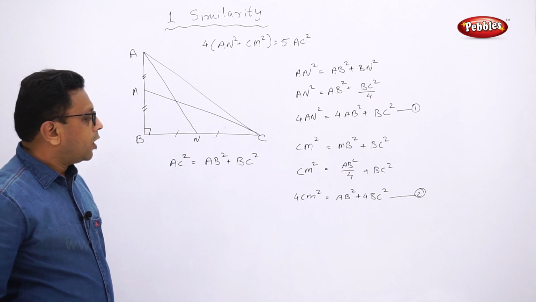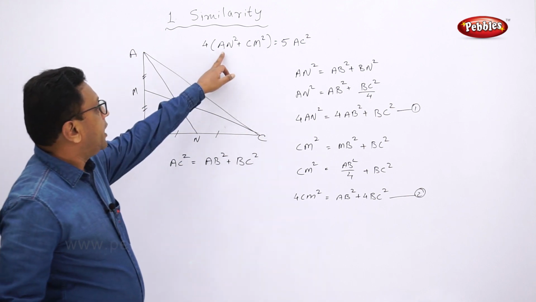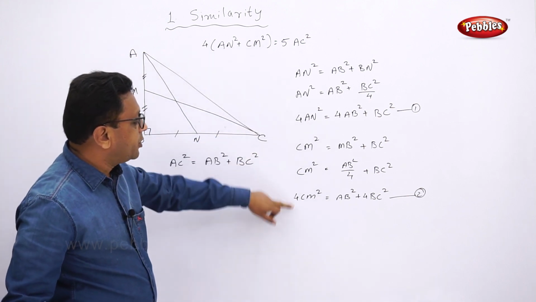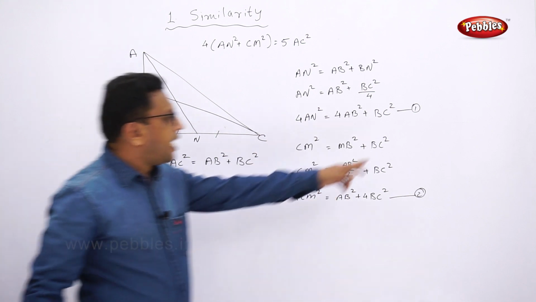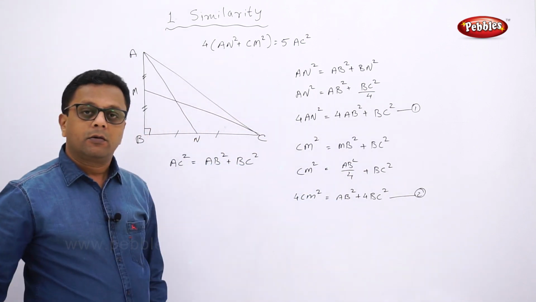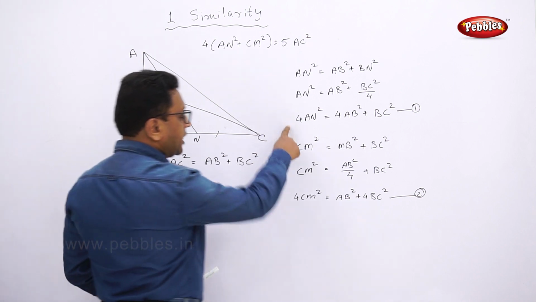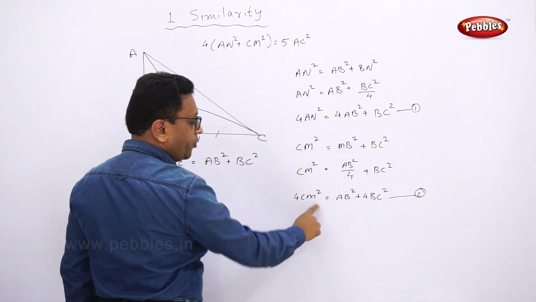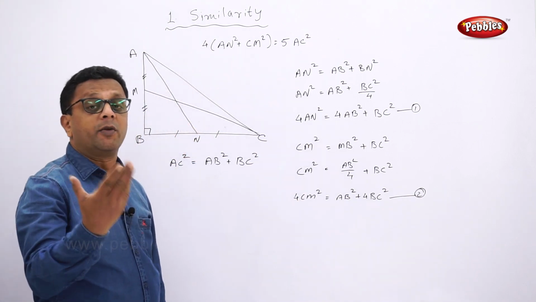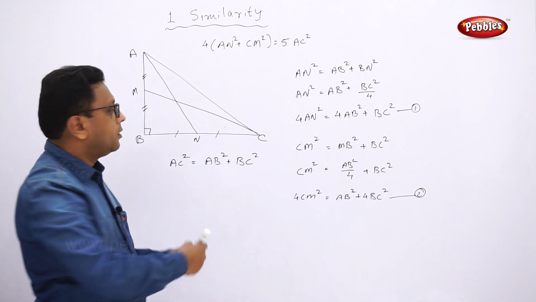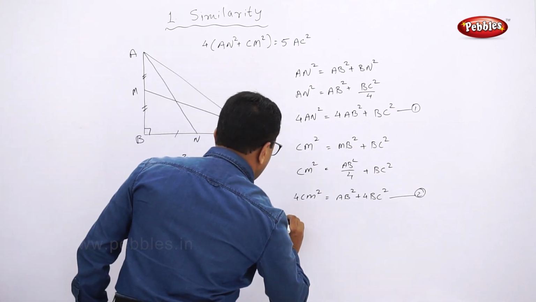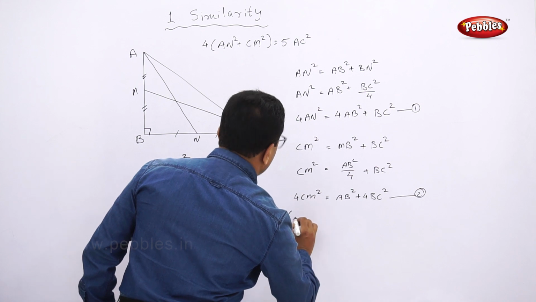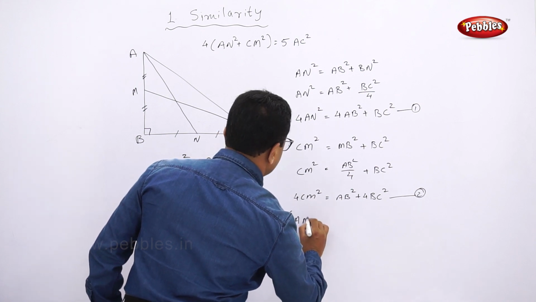Okay. What do we want here? AN square plus CM square. So AN square and CM square, so we will add 1 and 2. When you add this side, 4AN square plus 4CM square, 4 is common, will go out of the bracket.